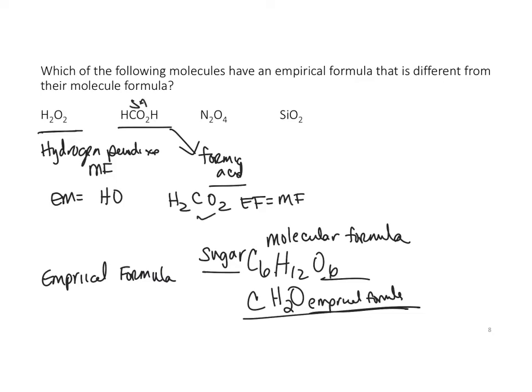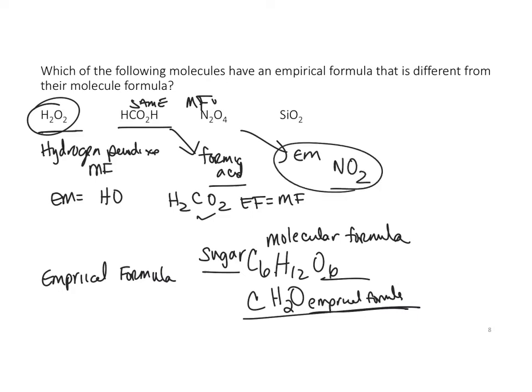This is the same, and that one is different. N2O4, well, that's a molecular formula, because what's the empirical formula? NO2. So that one would be different. SiO2, which is sand or glass, is in its lowest terms, so the empirical formula equals the molecular formula here.